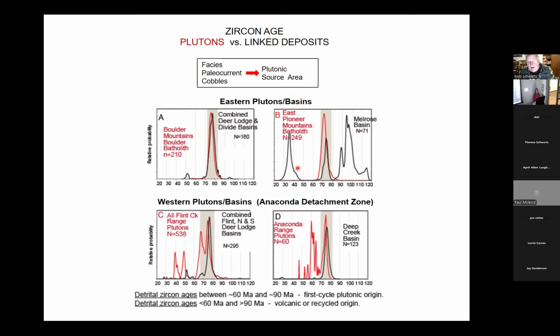These are ages associated with Dillon volcanics. This here is the range of the plutonic source zircons. The red line is the East Pioneers batholith, and the black line are the ages in the detrital zircon deposits that are associated with this.